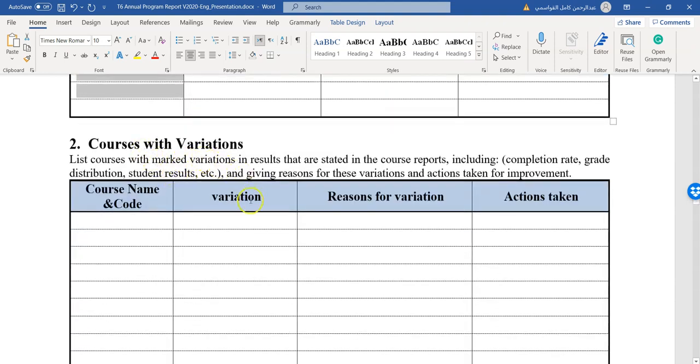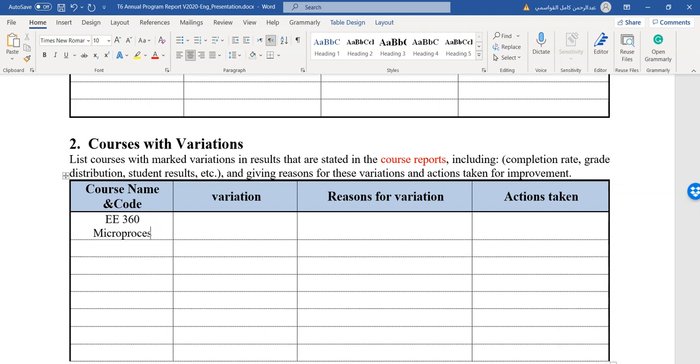Courses with variations, this means list courses with marked variation in results that are stated in course reports. See again, including completion rate, grade distribution, student results, and so on. This should be taken directly from the course report. For example, EE 360, they are required to write the course name and code. So I can write microprocessors.